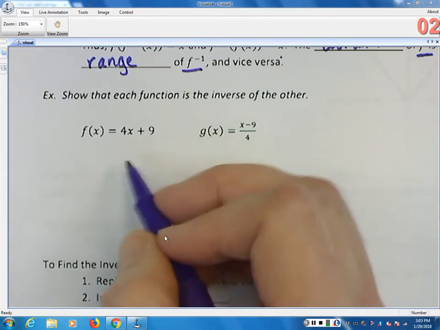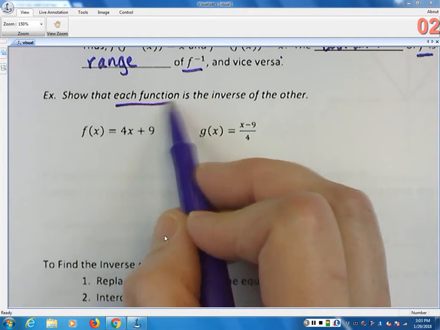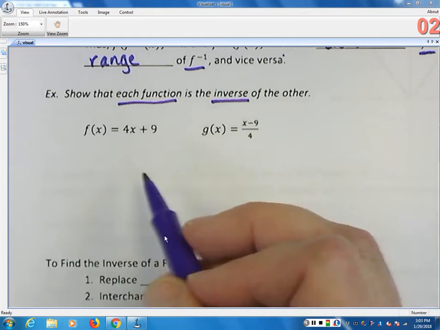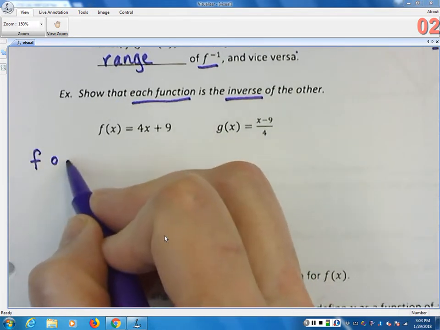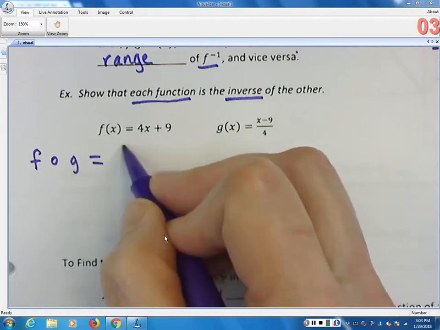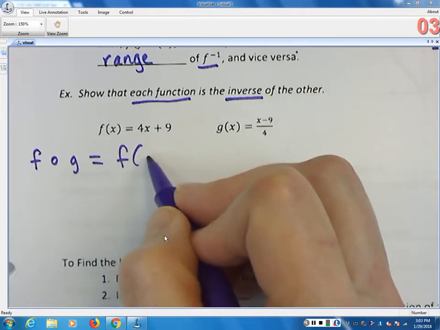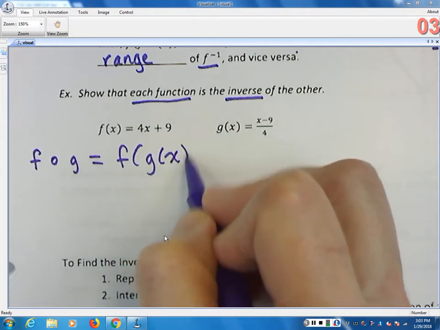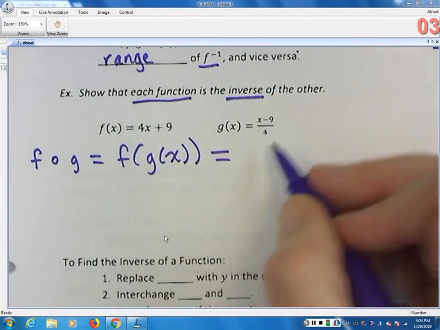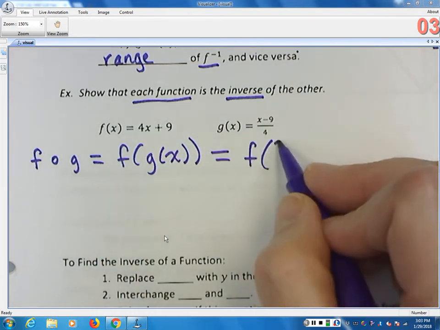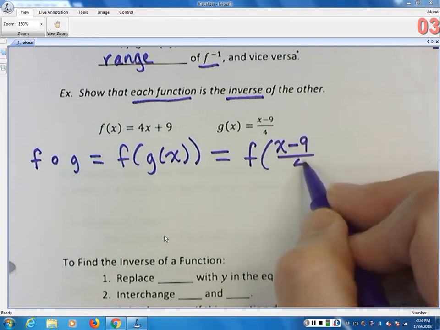Okay, so we're going to show that these are inverses of each other. So this is the definition. We're going to show that f composite g is just equal to x. So f of g of x is f of x minus 9 over 4.